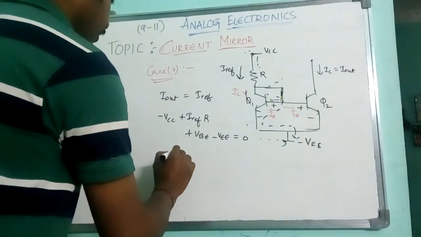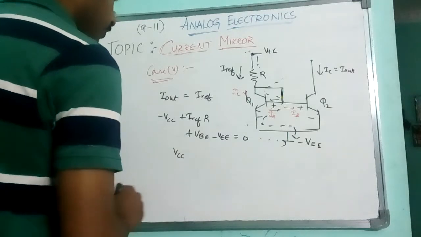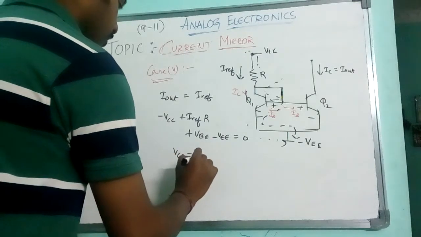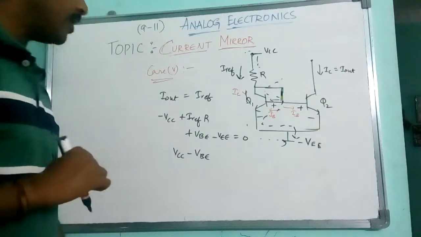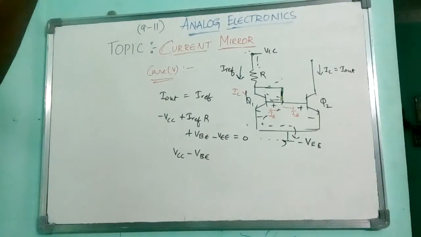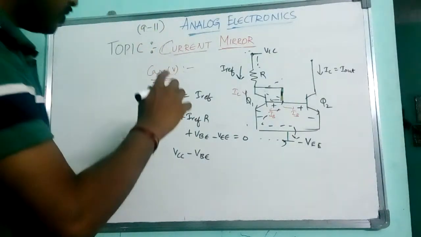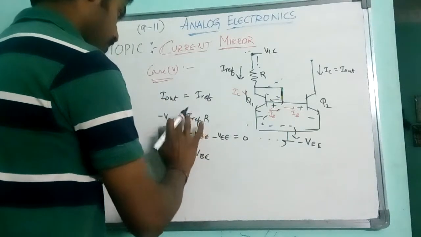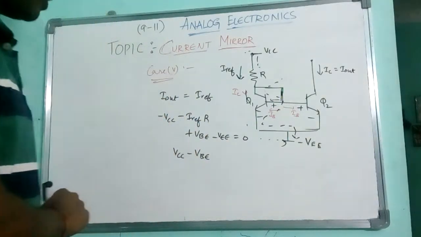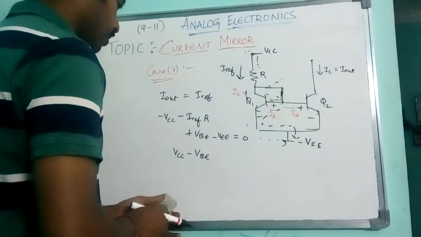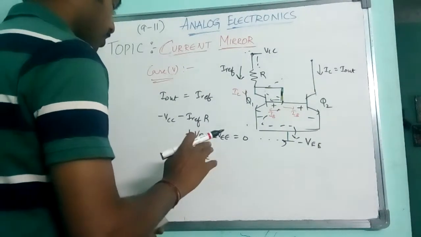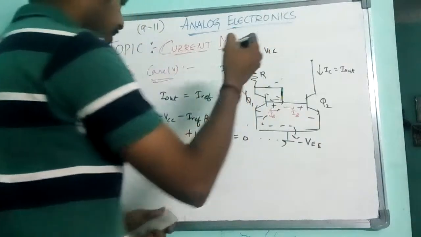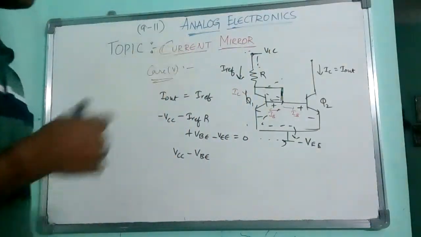So this will be VCC minus VBE. Am I right? I'm getting the current from there. I reference is this. This is leaving current, which means it is minus here. VCC is coming up, it's positive.